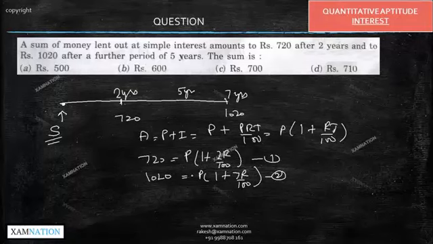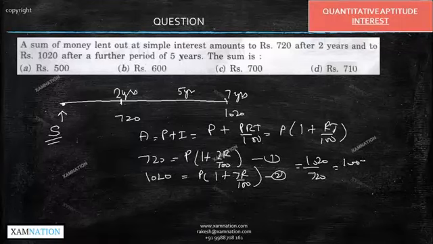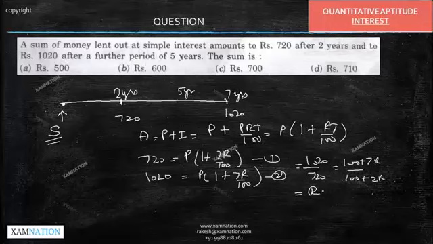When I solve this, I divide the second by the first. So I get 1020 upon 720, P gets cancelled, and 100 plus 7R upon 100 plus 2R. When I solve this, I get R equal to 10%.